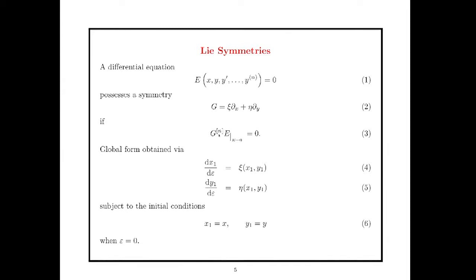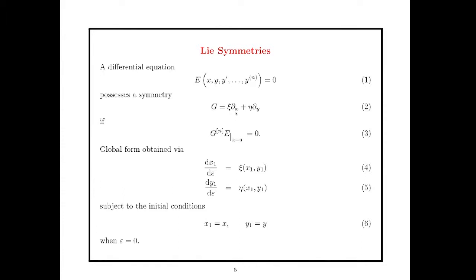And so here we have the n, which we call the nth extension of G. There's a standard formula for working out the nth extension. I won't go into the details of that. Various software packages have been written to solve the horrible equation that arises when we operate on the equation with the nth extension of G. Okay? We say that G is the symmetry of the equation, or the generator of the infinitesimal transformation that leaves the equation invariant.